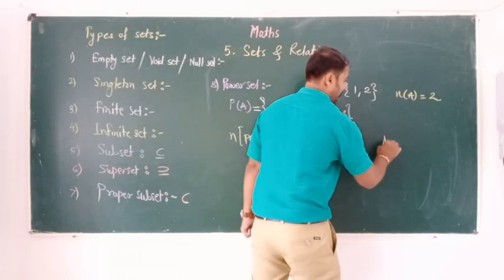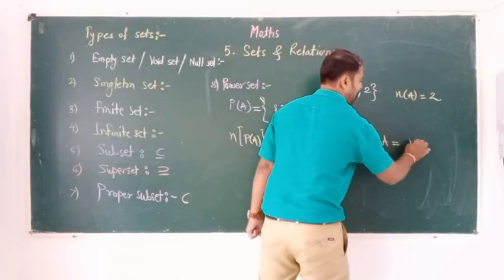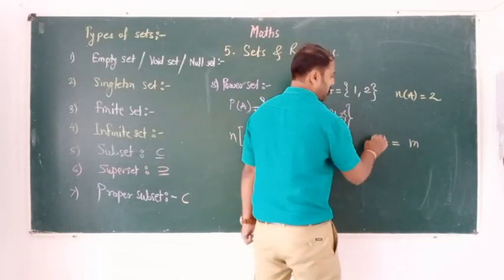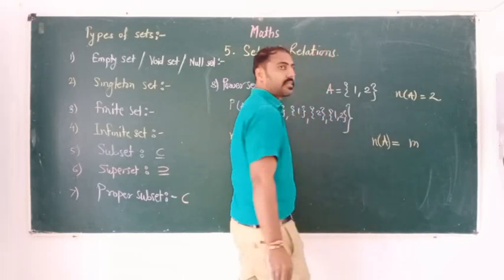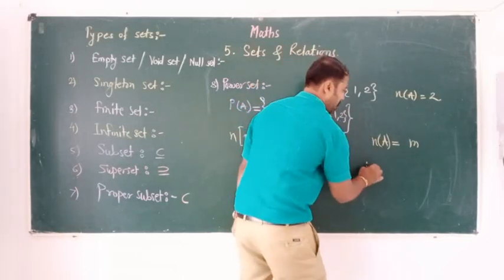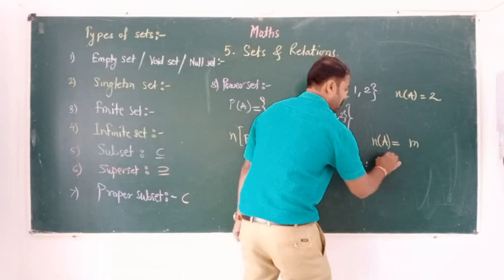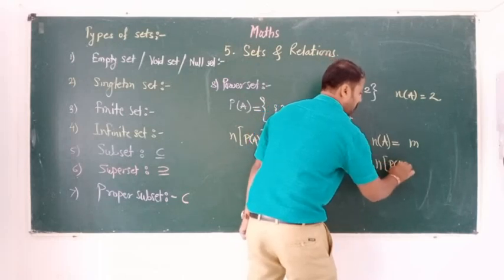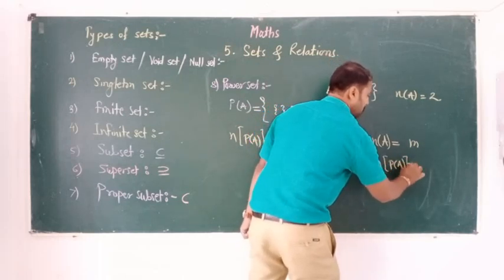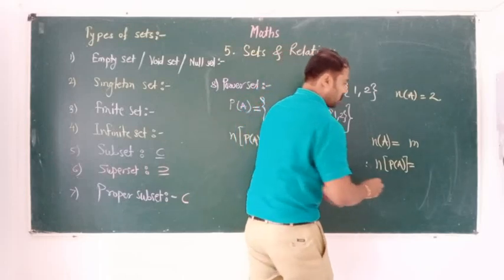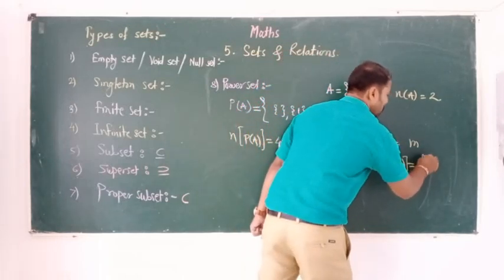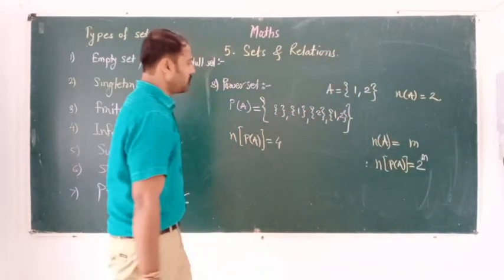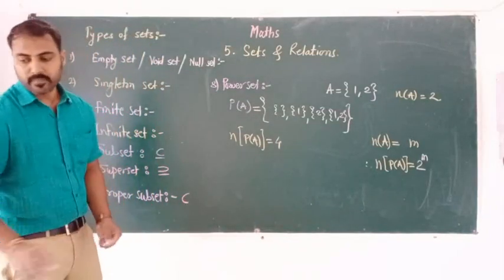Means if A contains m elements, if number of elements in A is equal to m, then number of elements in power set of A is equal to 2 raised to m. Look at it.